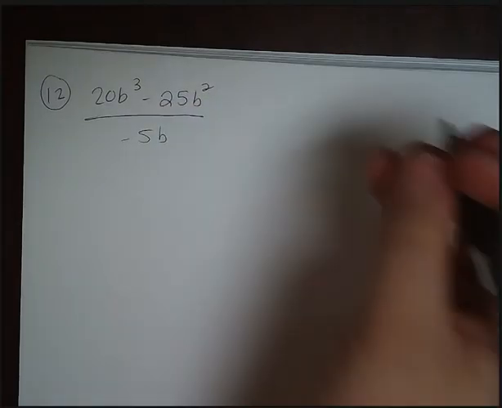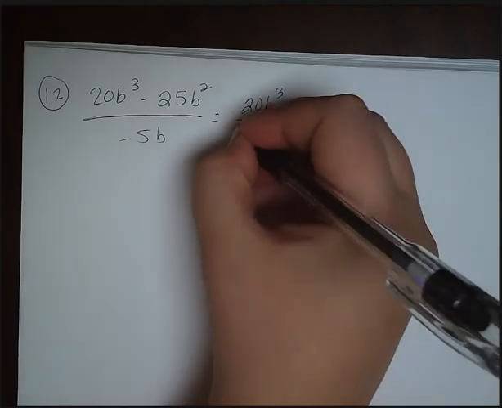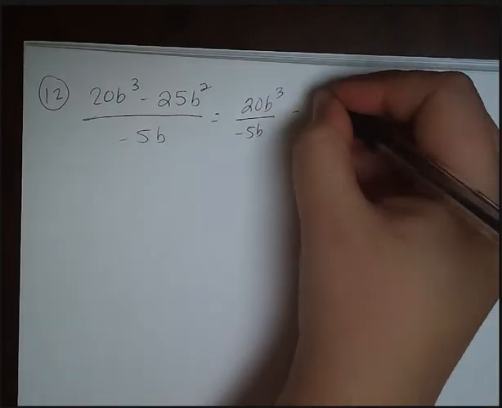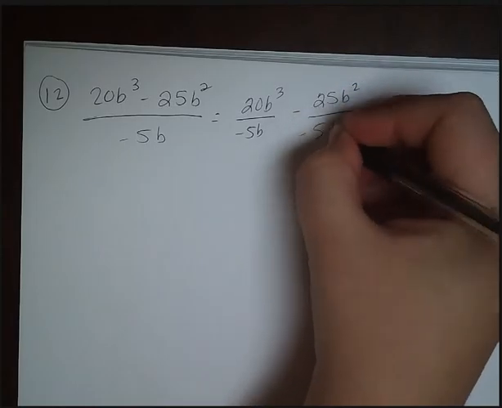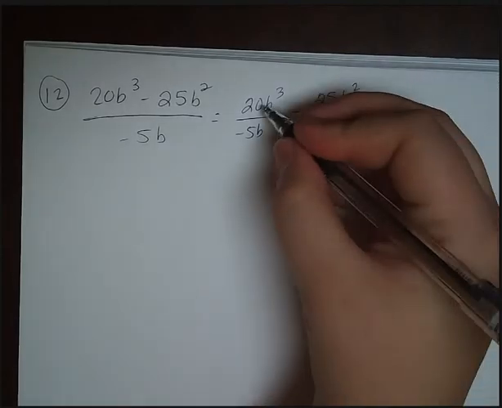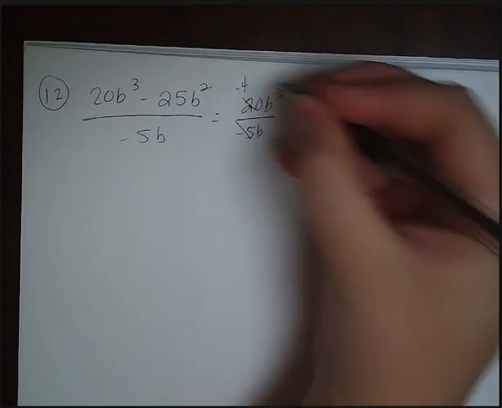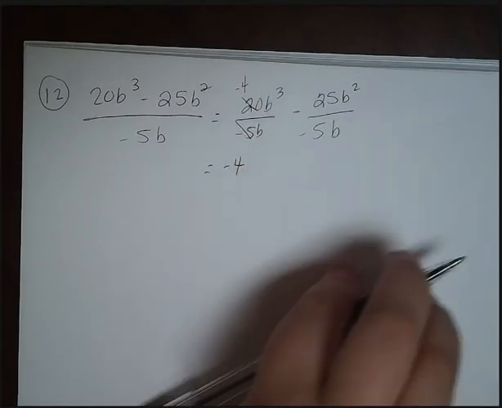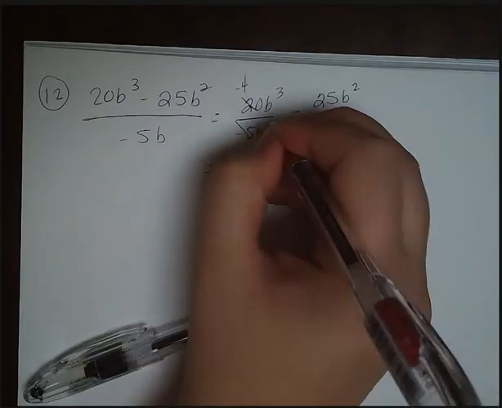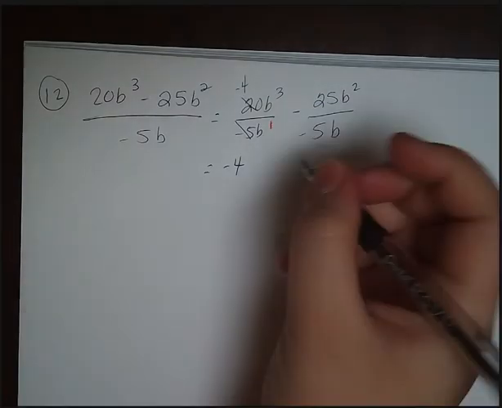So we're going to rewrite this as 20b to the third over negative 5b minus 25b squared over negative 5b. So 20 divided by negative 5 is a negative 4. b to the third divided by b to the first is going to give me a b squared.